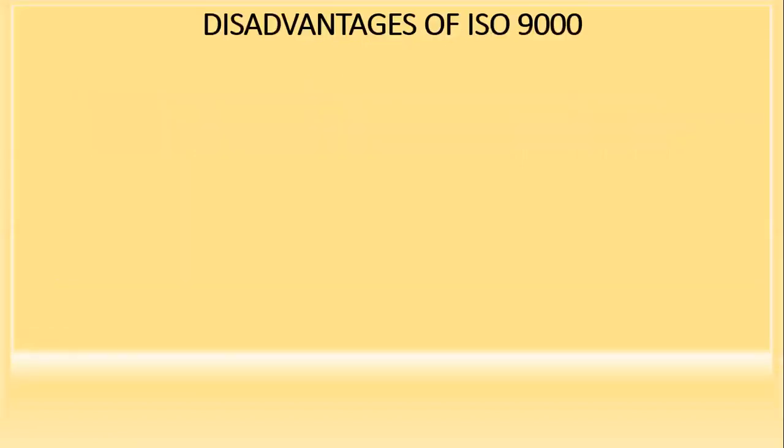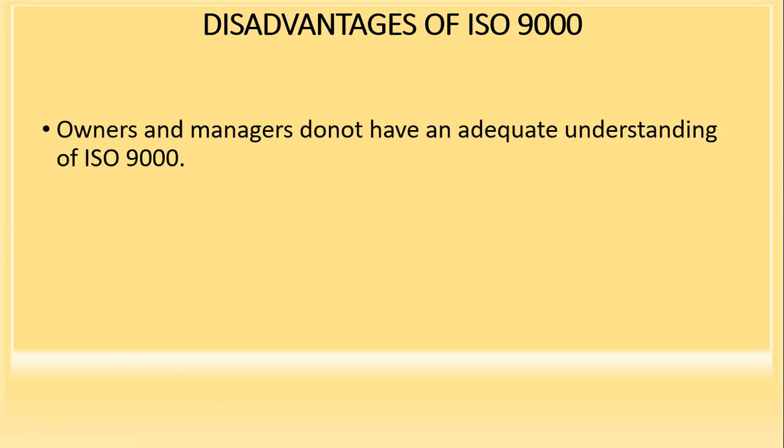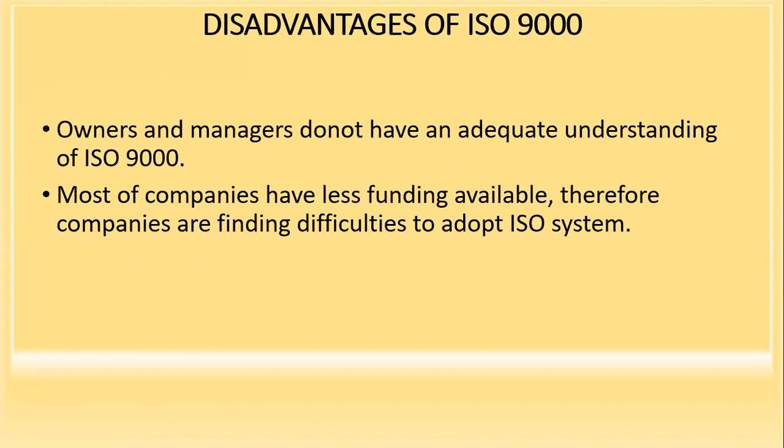Of course, these do have certain disadvantages. The basic disadvantages: owners and managers do not have an adequate understanding of ISO 9000. Actually, everyone must be aware of the standards of ISO 9000. So unless they have proper understanding of this, they cannot go for these standards or this certification.